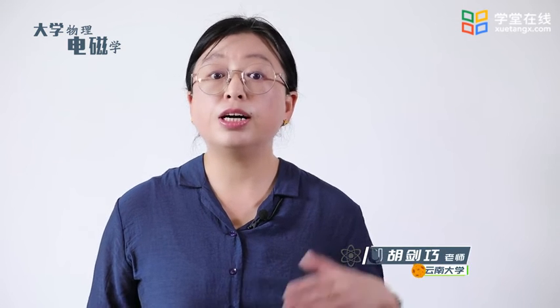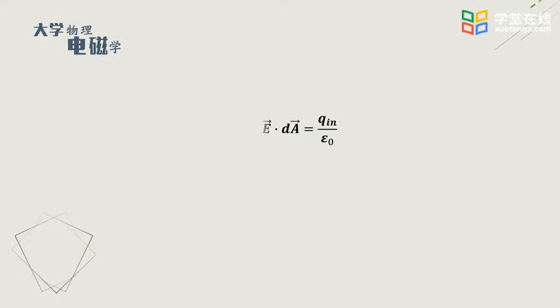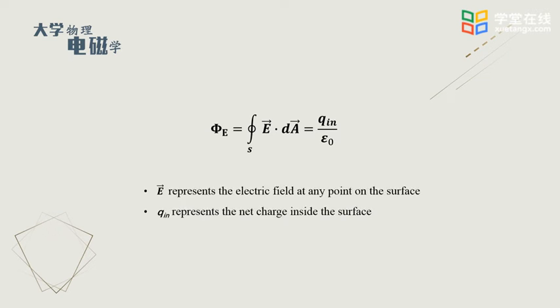Based on the discussion above, we have the following conclusion. The net flux through any closed surface equals the net charge enclosed by the surface divided by epsilon 0, which is expressed by this equation, where E represents the electric field at any point on the surface and Q in represents the net charge inside the surface.